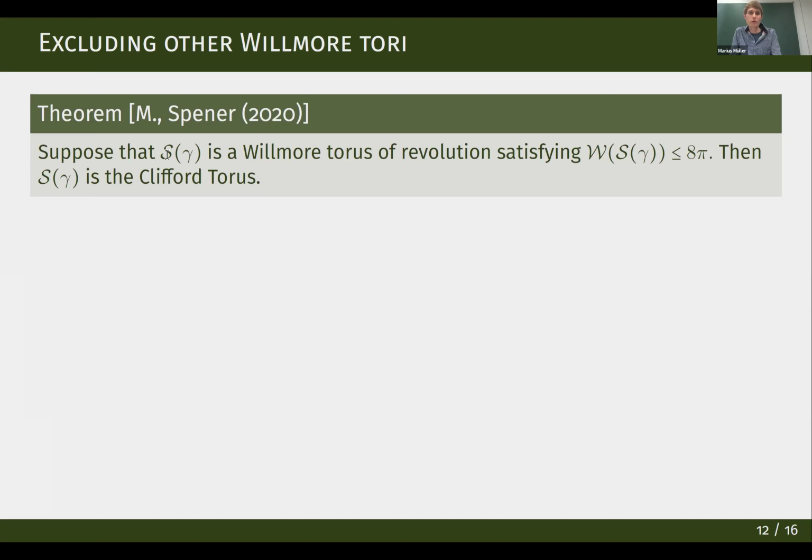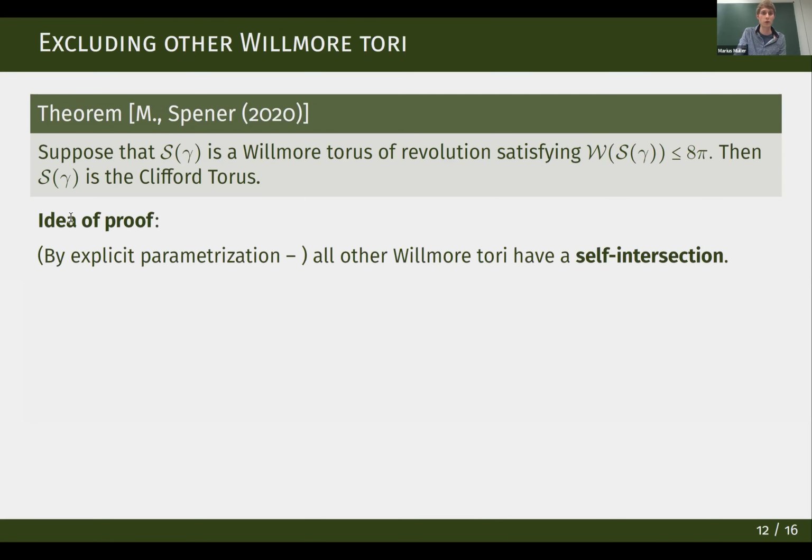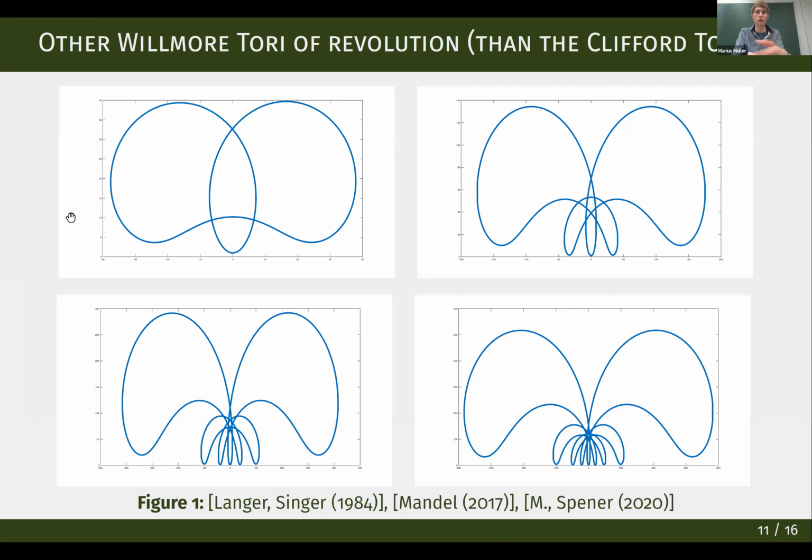Now we can prove, if you have a Willmore torus of revolution whose energy is less or equal to 8 pi, so less or equal to the threshold which we imposed, then this torus of revolution must be the Clifford torus. This is something that we can prove, and a way to explain that is that all the other Willmore tori, so all of these guys, have a self-intersection.